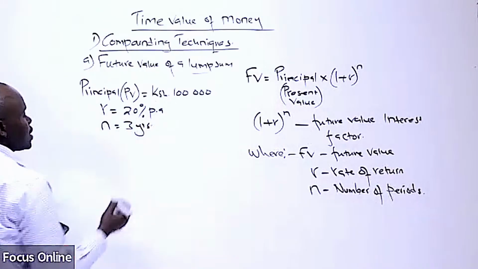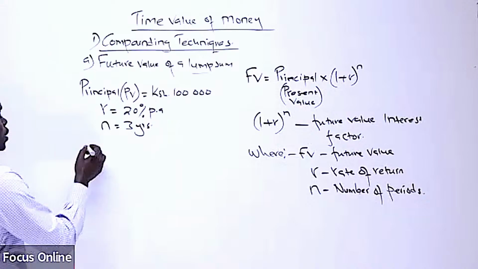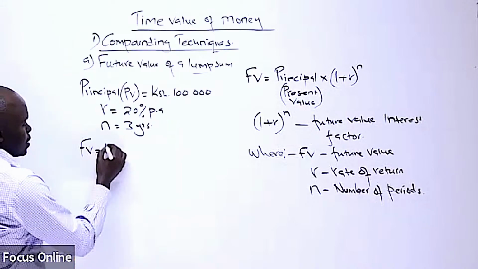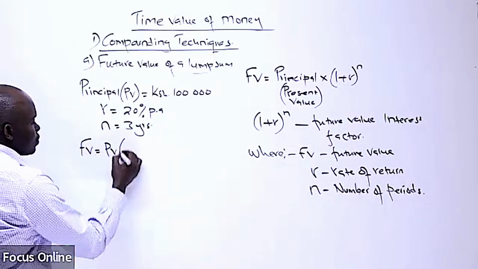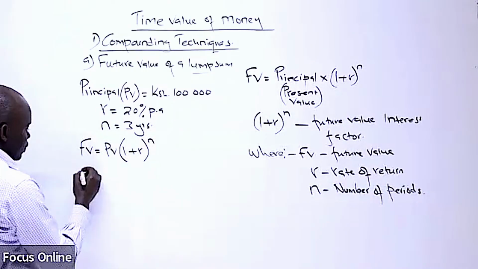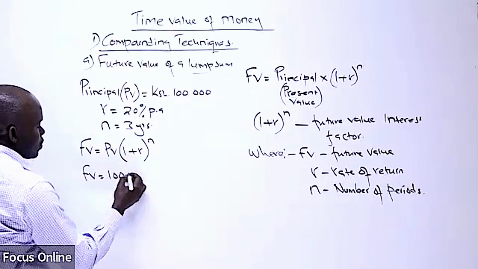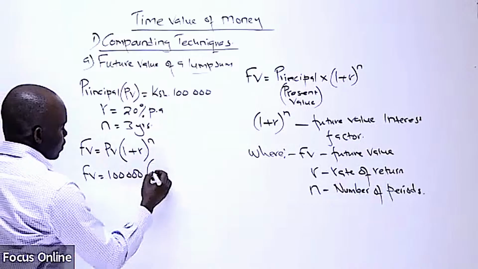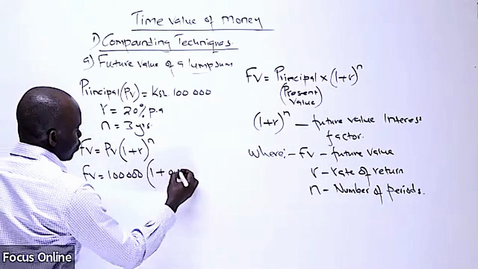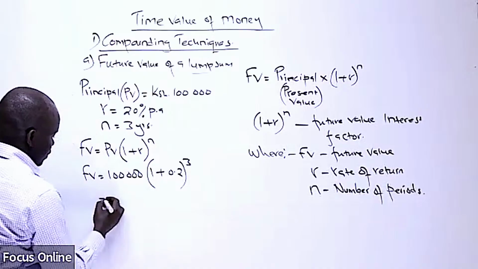We are investing for 3 years. So future value is equal to present value times 1 plus R power N. So future value is equal to 100,000 times 1 plus 0.2 power 3.